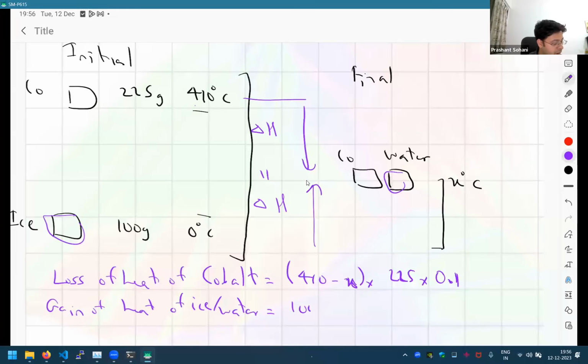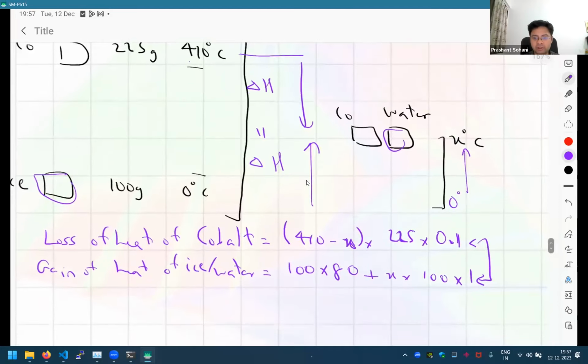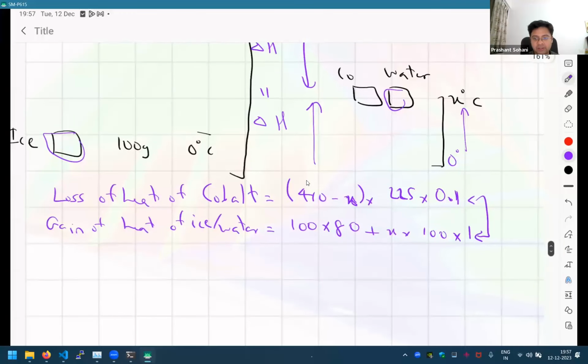So our 100 grams of ice into 80 calories per gram is the number of calories required to just do the state conversion. After it has become water, its temperature will rise from 0 degrees to x degrees. So the temperature rises x degrees, into the mass of the water, 100 grams, into the specific heat, which is 1, right? And we are saying that these two have to be equal. So the only unknown variable is x over here, and we just have to solve for x and get the answer.